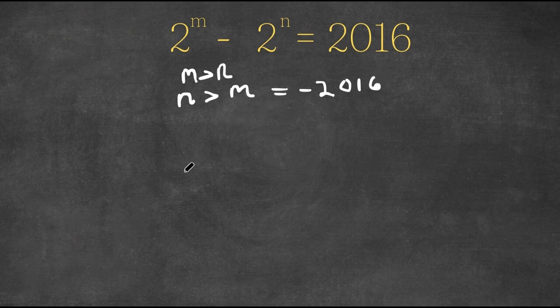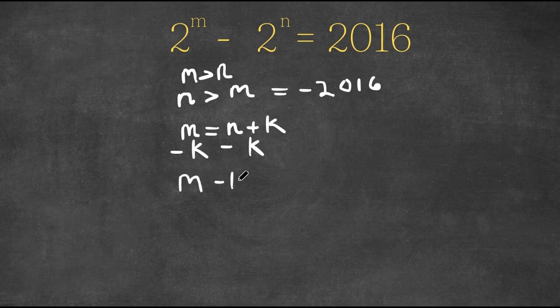So by knowing this, we could just say that m is equal to n plus k, k being a constant. So now if I subtract k on both sides, I get m minus k is equal to n.